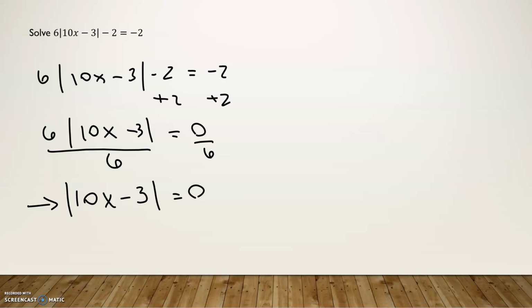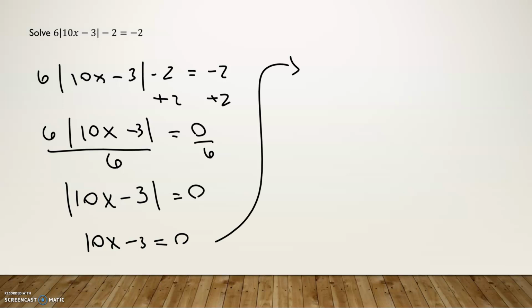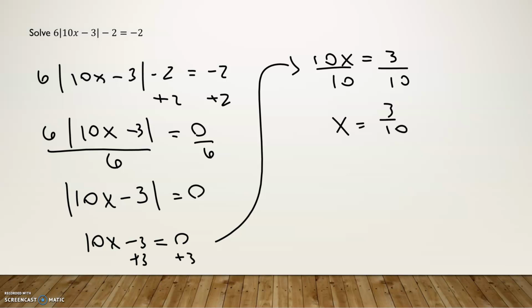The reason is I can't have a positive and a negative 0 because 0 is neutral. So all I have is really 10x minus 3 is equal to 0. And then we're going to solve for x, so add the 3 to both sides. So 10x is equal to 3. Divide by 10. So x equals 3 over 10.